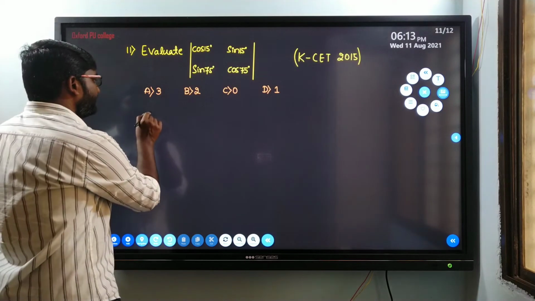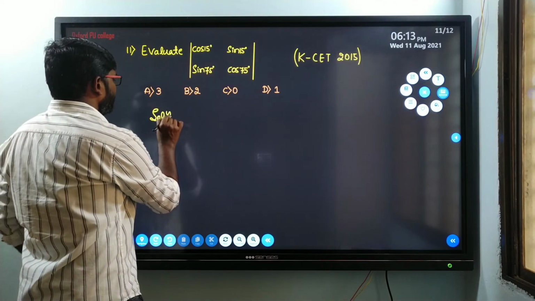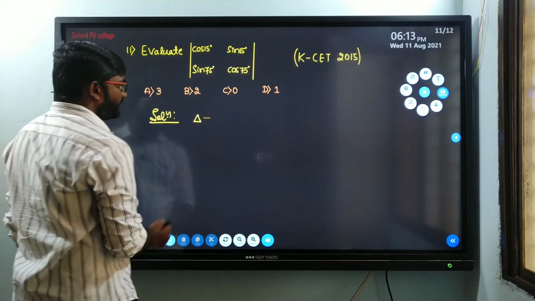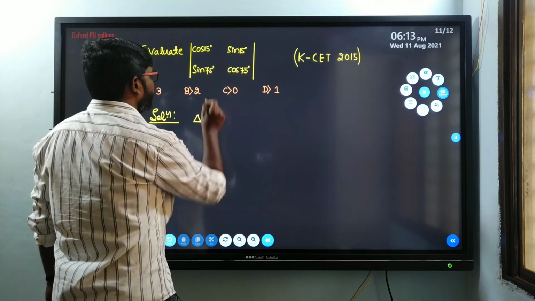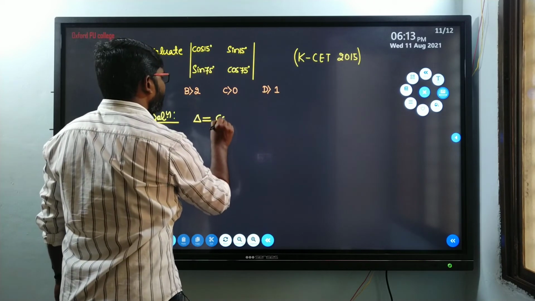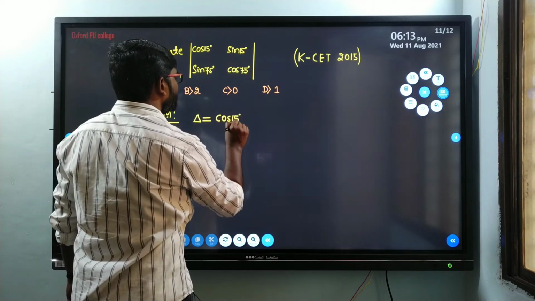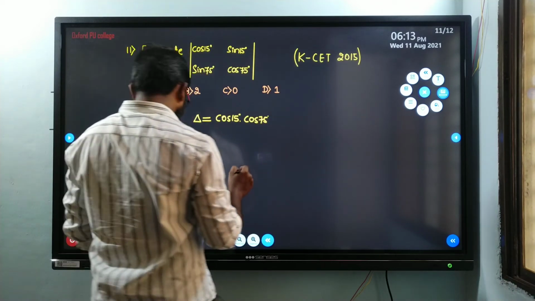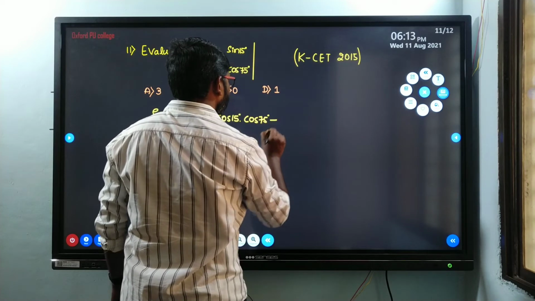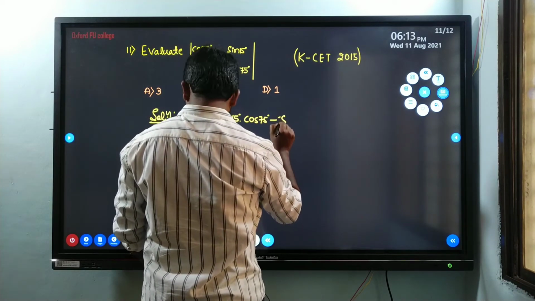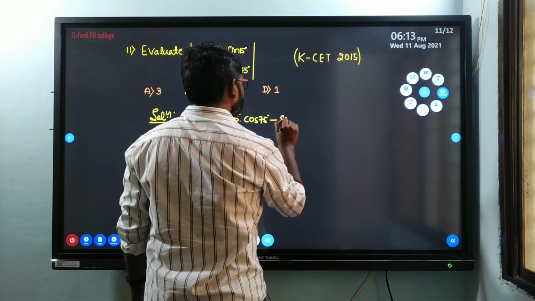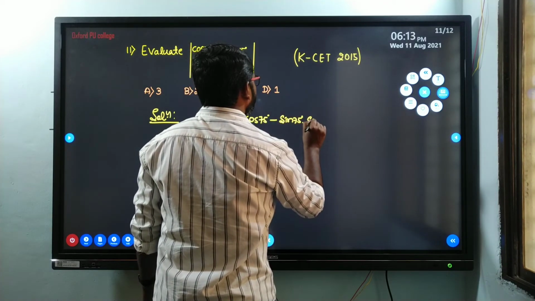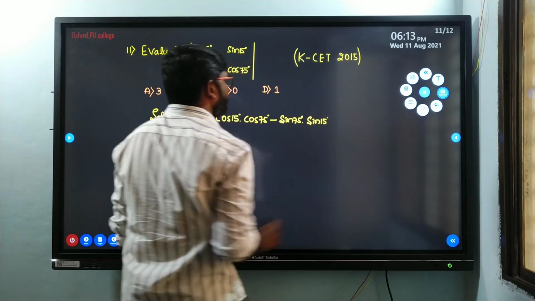Let us evaluate the given determinant, which is equal to cos 15 degree into cos 75 degree minus sin 75 degree into sin 15 degree.